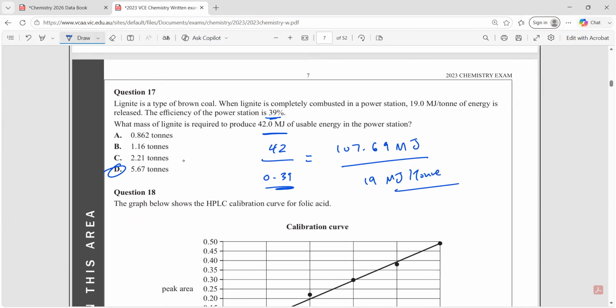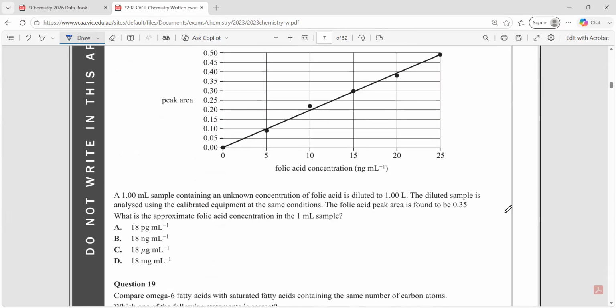Another way you could have thought about it is: I want to produce X millijoules of energy, and I know that only 39% of it is useful, so I times it by 0.39, and that's equal to 42. So therefore, X is equal to 42 divided by 0.39. And then that gives us how much energy we need to actually produce in the first place.